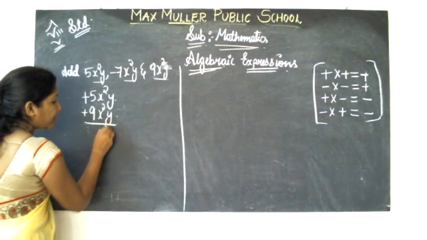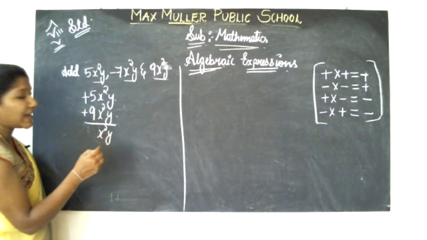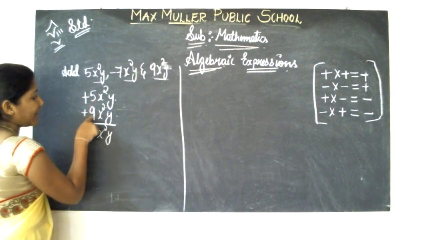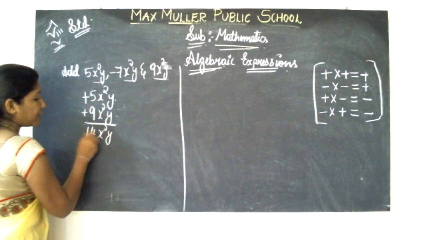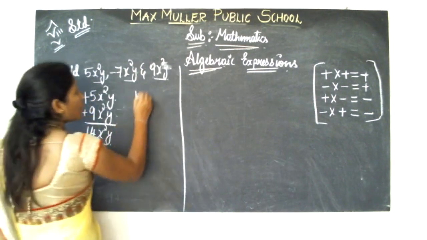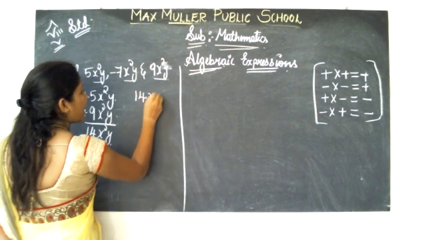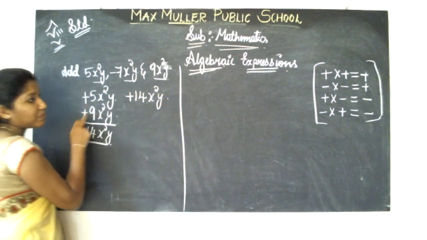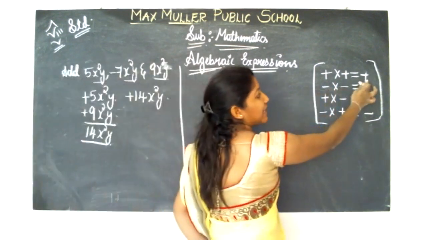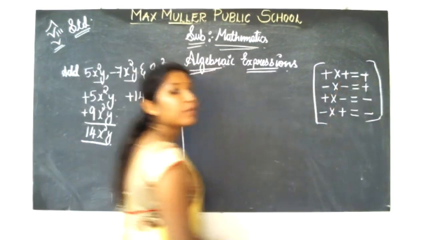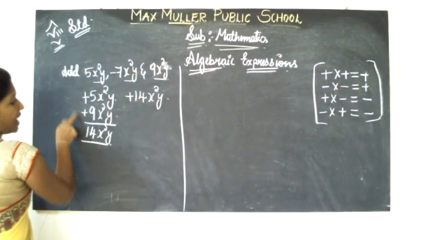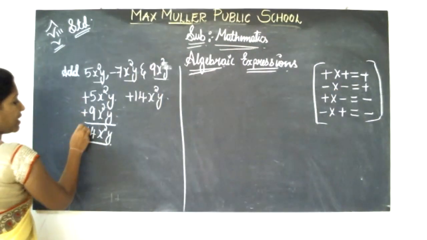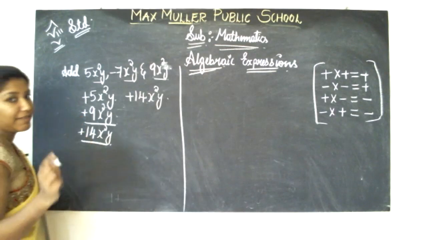So write the like term x square y, only the variables, and then 9 plus 5 is 14. So 14x square y, which will be positive, plus plus is plus. You add the numbers and put the greater number's sign, that is plus only while doing addition.